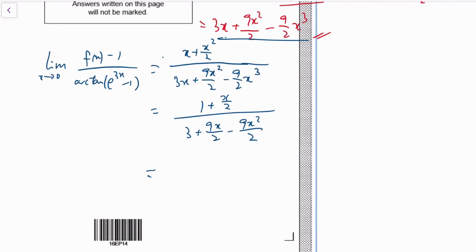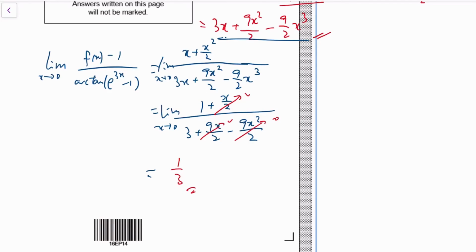Oh, limit. I forgot to write limit. I don't want it as the last step because we can already take the limit. When x tends to 0, this tends to 0, 0, 0. So we have 1 over 3 as our limit. Easy.